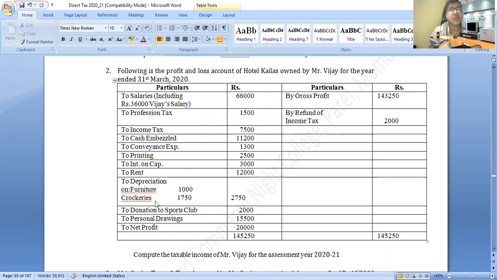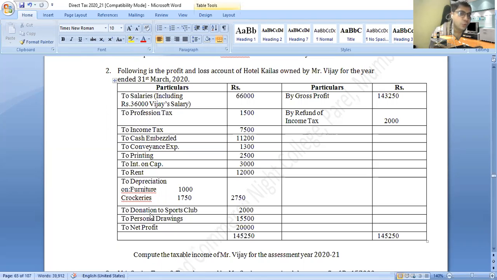The depreciation is allowable. Nothing is mentioned in the further information regarding the depreciation. This separate amount of depreciation is allowable by income tax. So that kind of information, which was there in our previous problem, is not there. So we will not do anything.